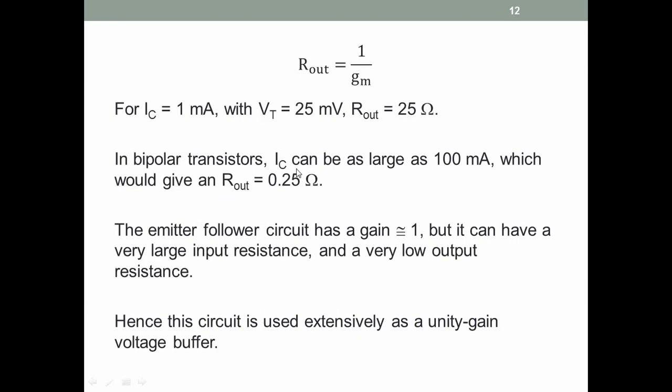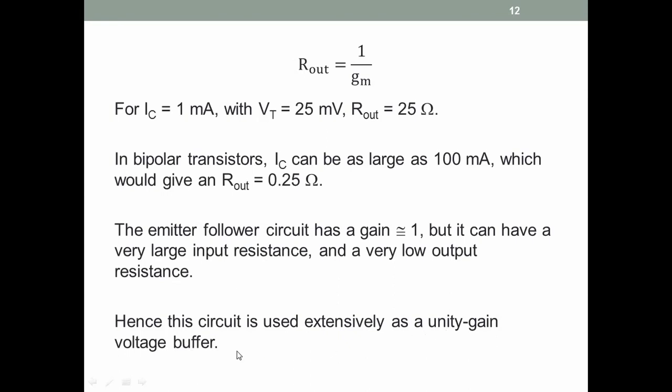So what we have discovered or concluded is that the emitter follower has a gain of 1, but it can have a very large input resistance and a very low output resistance. Or let's say it can be designed to have a large input resistance and a low output resistance. So this circuit is used widely as a unity gain voltage buffer.